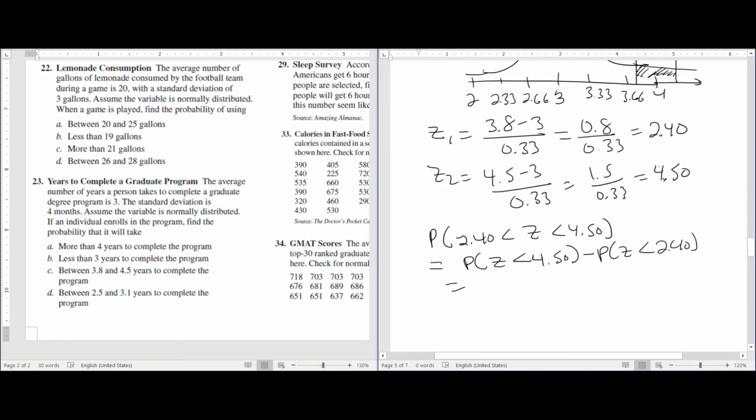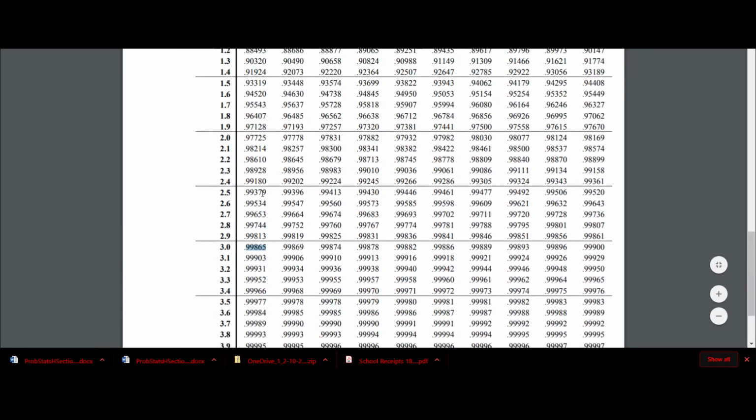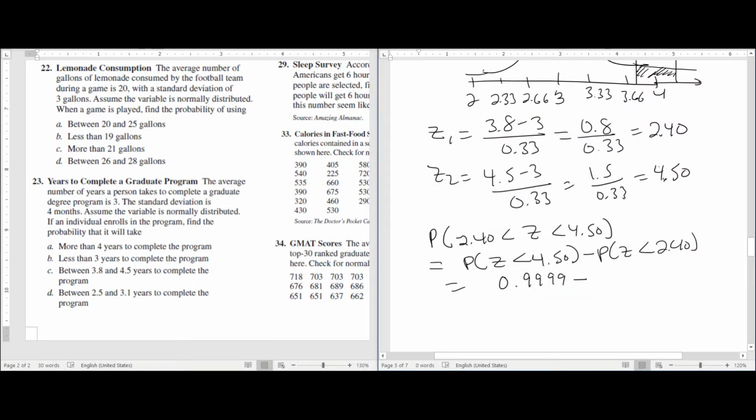And for 2.40, let's look that one up: 0.9918. We subtract those, and you get approximately 0.0081. All right, and that takes care of number 23.